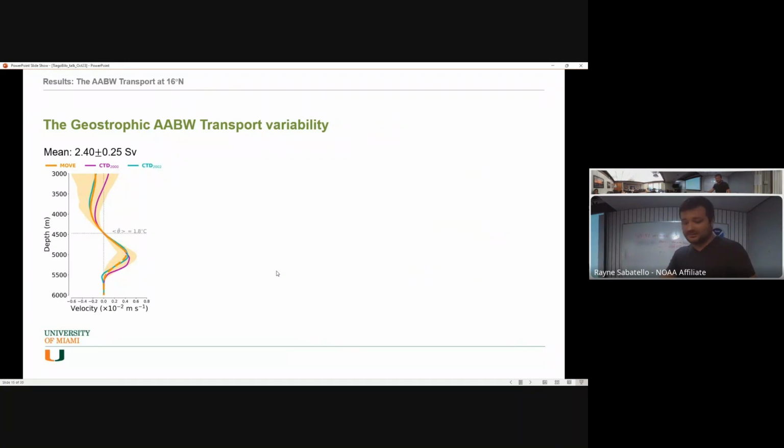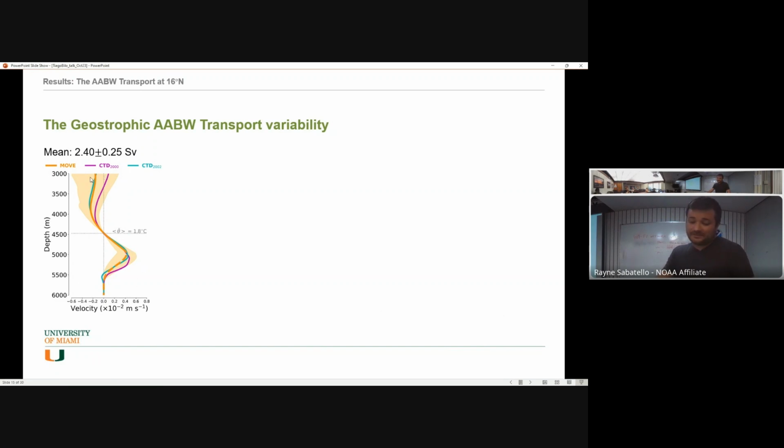This is the mean in orange, the mean geostrophic velocity profile between the two moorings. You can see that below 4,500 meters we have positive velocities, which is the Antarctic bottom water flow, and it gets to the maximum, and below that we have the extrapolation, the dashed lines.